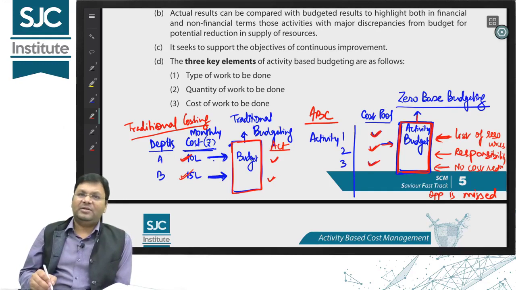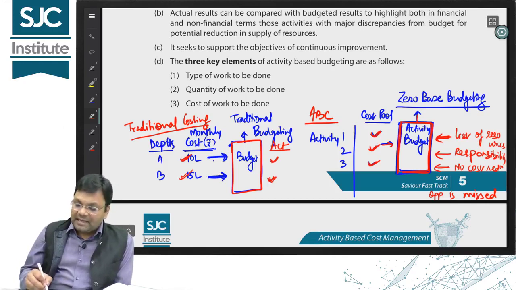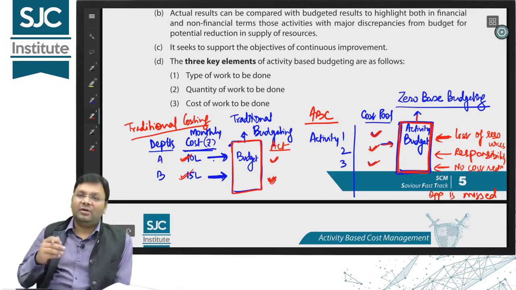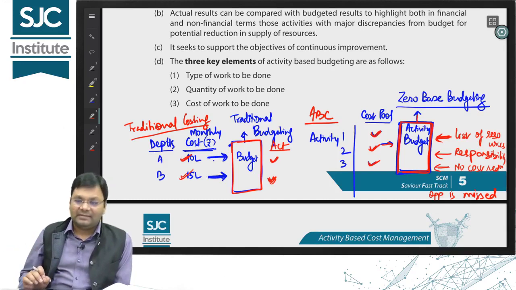If they are within the budget, performance is good. If they are exceeding the budget, then performance is not favorable. So this way we do performance analysis using budget. Budget has one use called performance analysis.